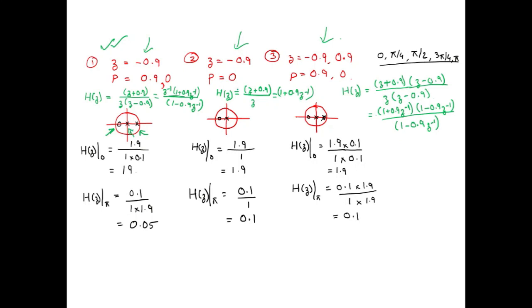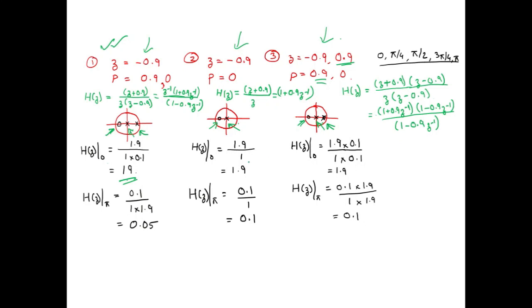In the second case, what we have is a zero and a pole at 0. And lastly, we have one pole here, one zero is also here, and then one pole at the origin. Okay. So what happens if you look into the modulus of H of z?